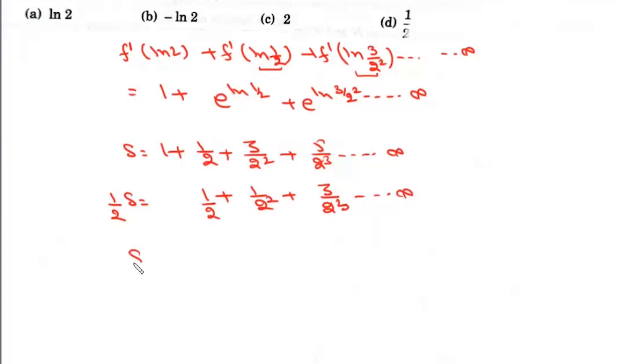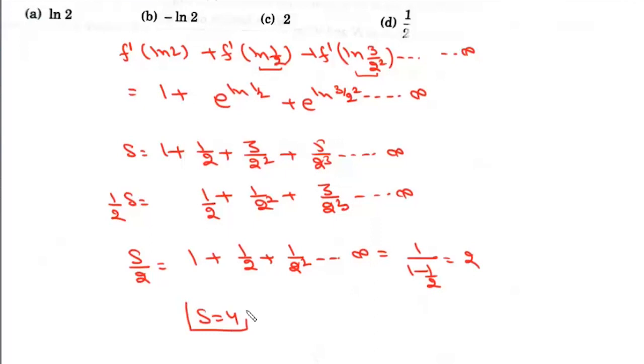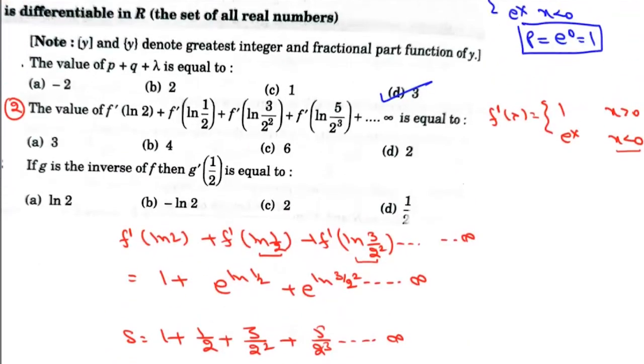Now if we subtract, we'll get S by 2, and here will be 1 plus 2 upon 2 square, 1 by 2, 2 upon 2 cube, 1 upon 2 square, up to infinity. Now this is a upon 1 minus r, which is 2. So the sum of this series is 4, and that's your option B.